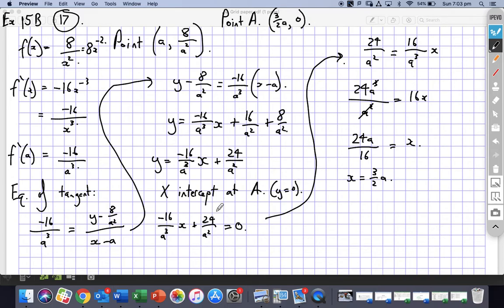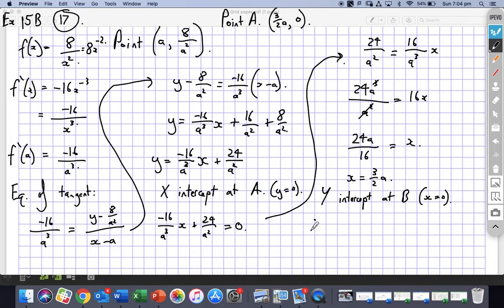Now, what if I got room to find B? B is the y-intercept, right? Now this one will be easier to see. So the y-intercept was at point B, and that happens when the x value equals 0. If the x value equals 0, that whole thing becomes 0, and I'm just left with 24 on a squared.